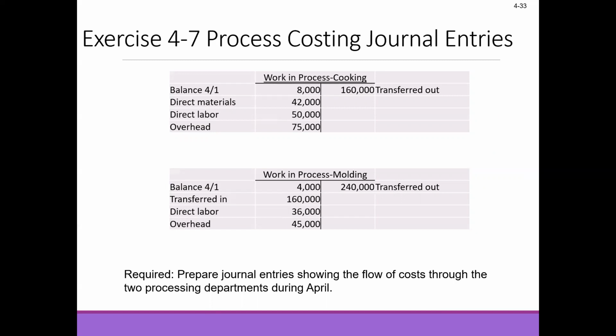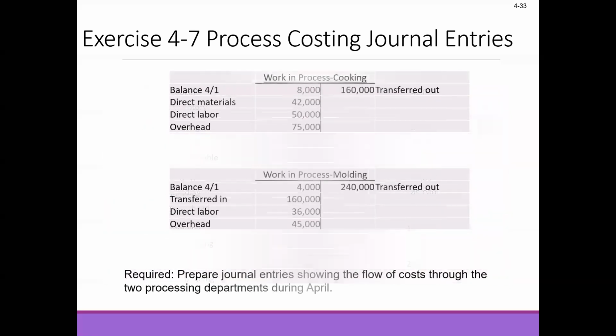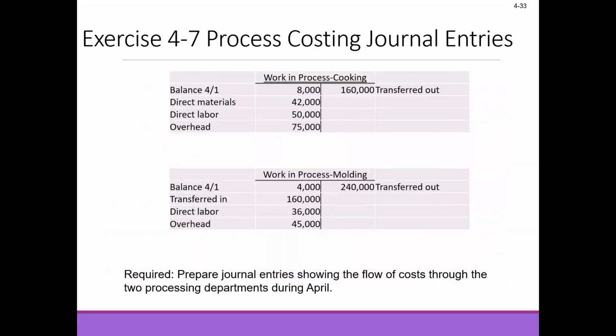Our job is to prepare journal entries showing the flow of costs through the two processing departments during April. So as you see here, we start with the direct materials in the work in process cooking.